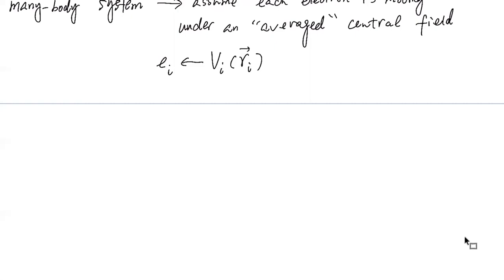So this potential actually is determined from all the other electrons, j not equal to i, which means if you're considering the first electron, this potential felt by the first electron is actually determined by the second, third, fourth, fifth to nth electron. This potential is determined by the positions of all the other electrons implicitly.